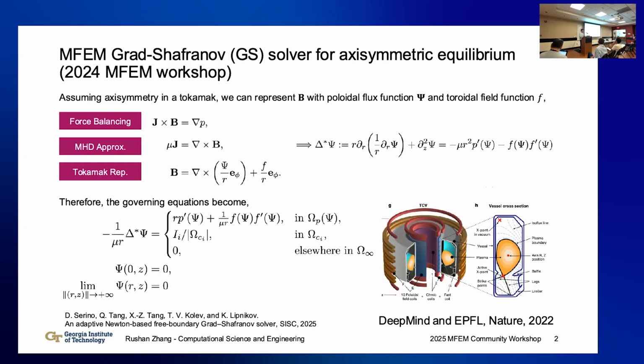Because in a tokamak the field is axisymmetric, we can represent our magnetic field with a psi function and an f function, corresponding to the poloidal and toroidal directions. With this assumption, with the MHD equations, we can derive the GS equations, which result in our governing equations here.